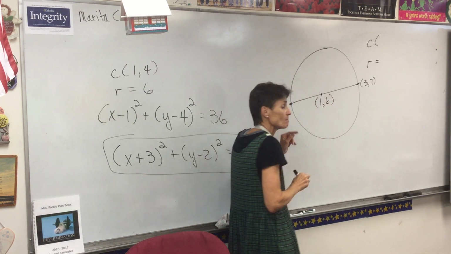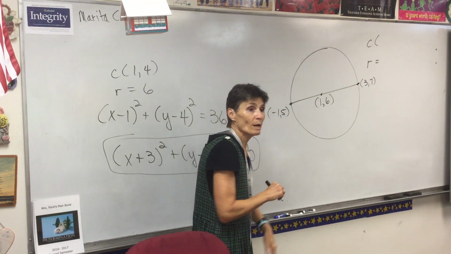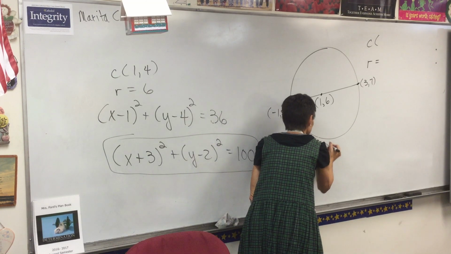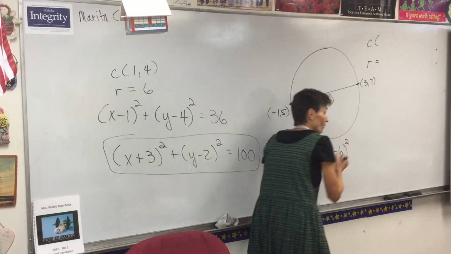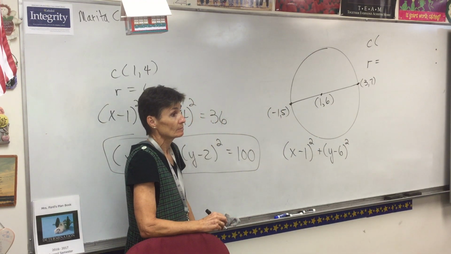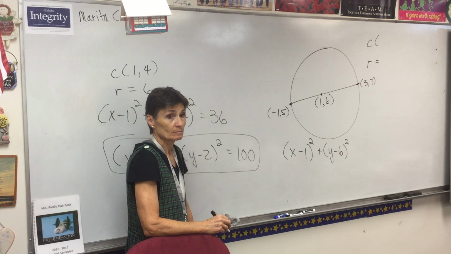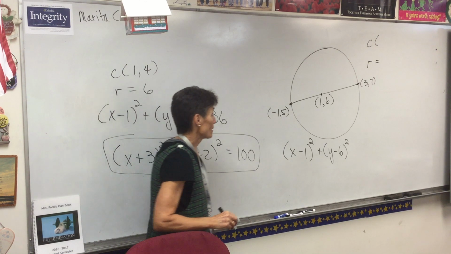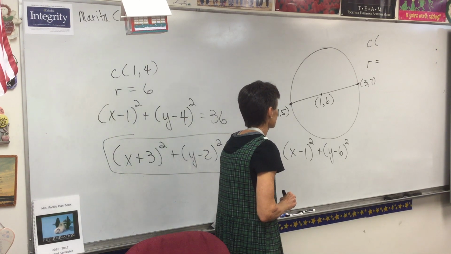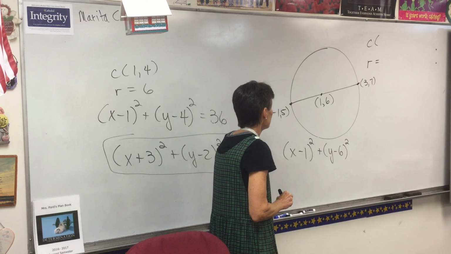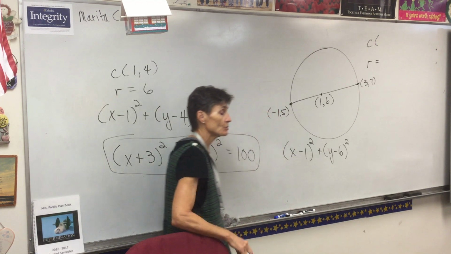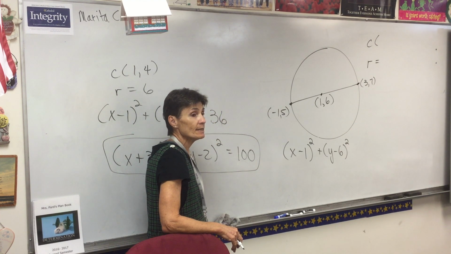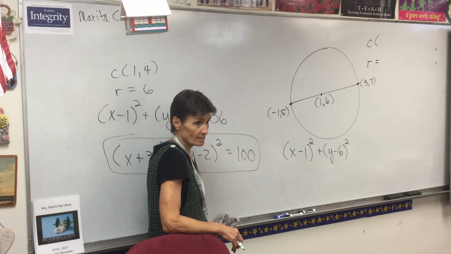So there is my midpoint, which means that the equation of my circle is this so far. Not done, but so far. Now I need my radius.